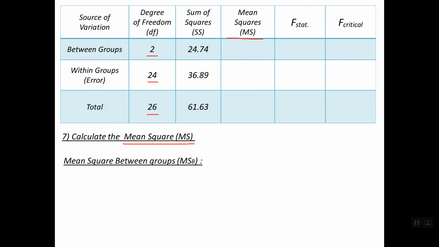First of all, let's calculate the mean square between groups, which is MSB. Simply the formula to calculate the mean square between groups is dividing the sum of squares between groups by the degree of freedom between groups.